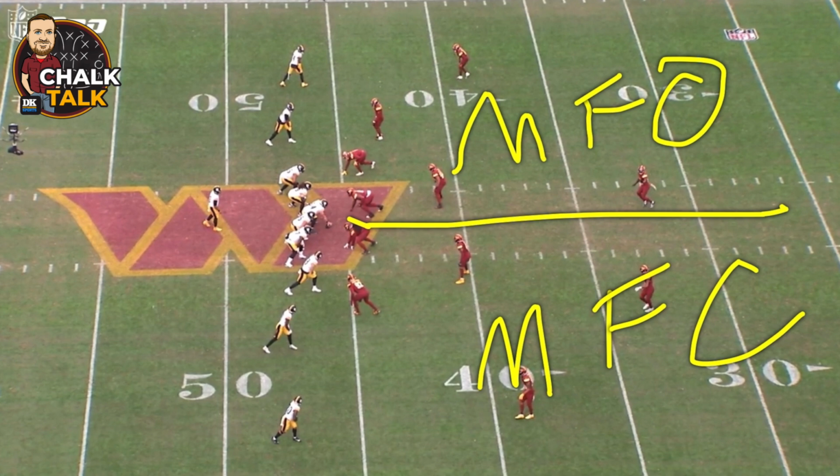You read the defense before the snap and see, okay, this looks like a middle field open coverage to me. So my default is to read that concept first. You will have others where you come out and you look, okay, this looks like a middle field closed. This looks like it's going to be basic cover 3, whatever it is. So you're just going to default to running this side.